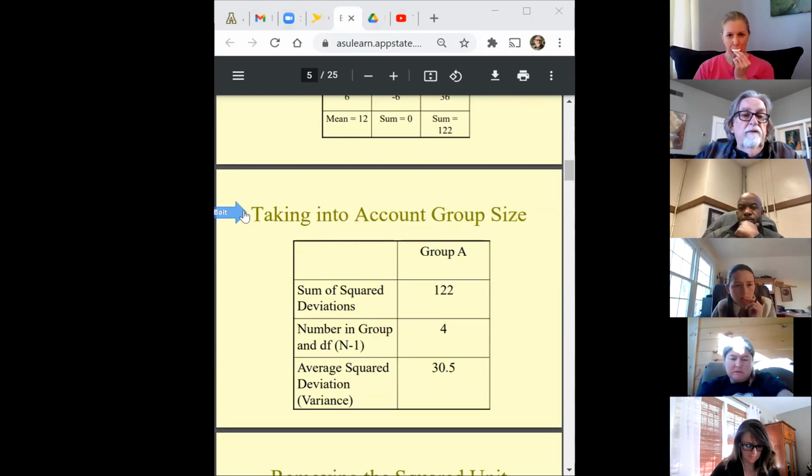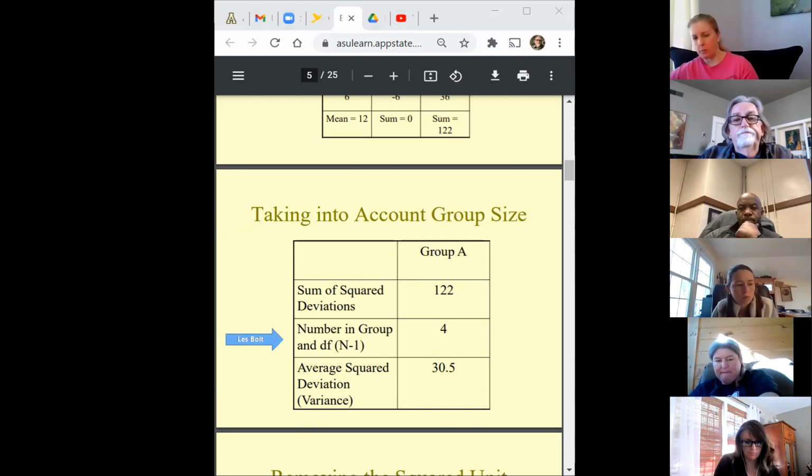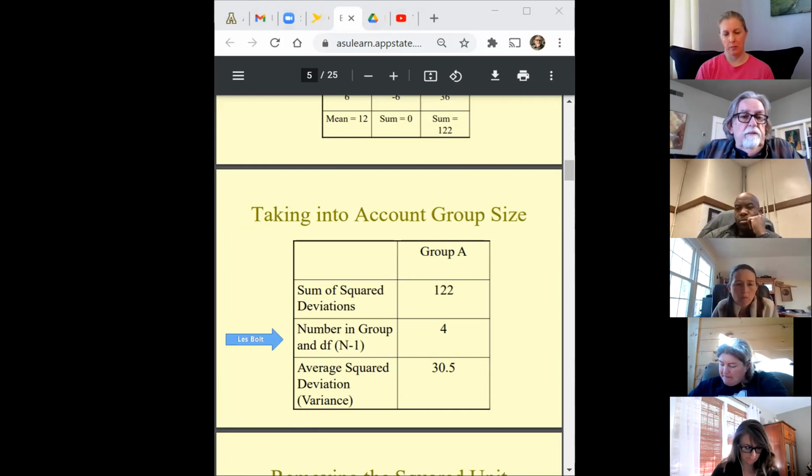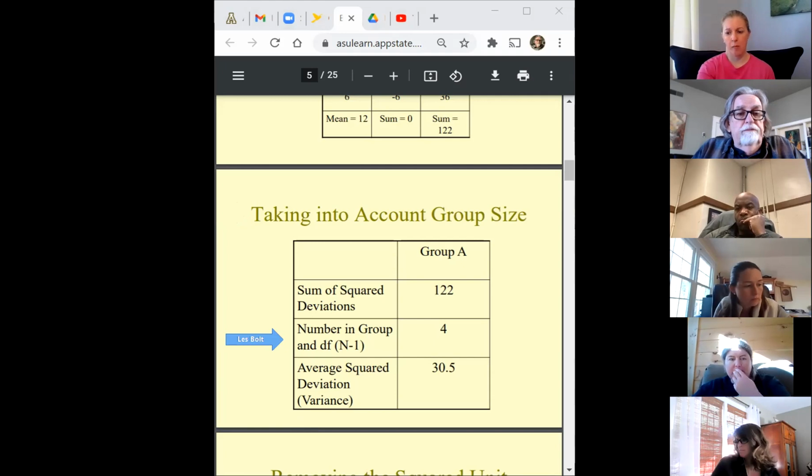You want to know what is the average squared deviation. And this is our first tricky thing that we do in stats, because we have this concept called degrees of freedom. The notion of degrees of freedom is that when we are selecting a random set of data from a population, we would expect that random sample of data would look like the population.